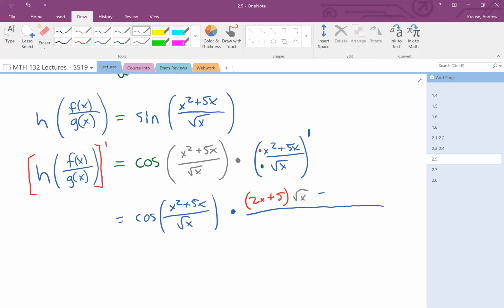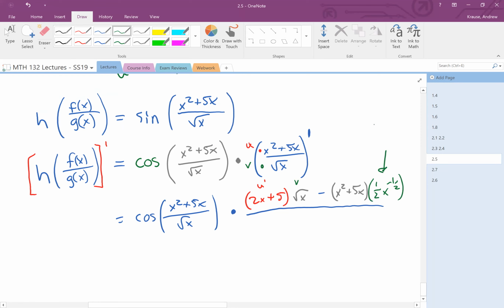If we're going to treat this as our red is our u and green is our v, this is like u prime v. And then we need to keep u the same, so x squared plus 5x. And we need to multiply by the derivative of v, which is 1/2 x to the negative 1/2.